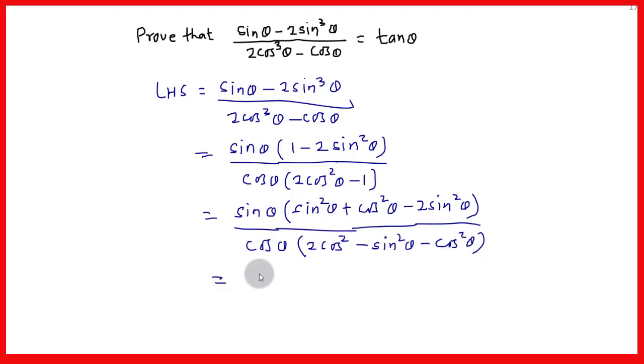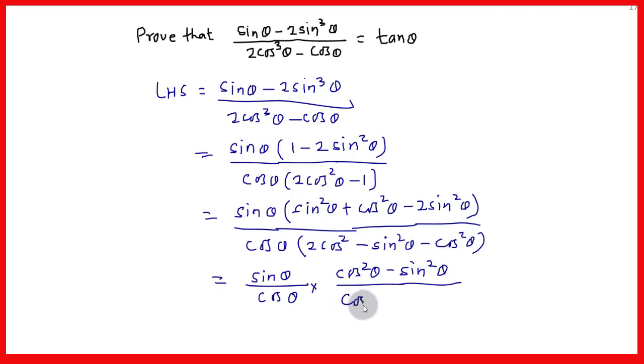And so this can be solved further as sin theta upon cos theta multiplied by, here it will be sin square theta minus 2 sin square theta, that will be minus sin square theta. So this will be cos square theta minus sin square theta upon, here this is 2 cos square theta minus cos square theta, that will be cos square theta minus sin square theta.